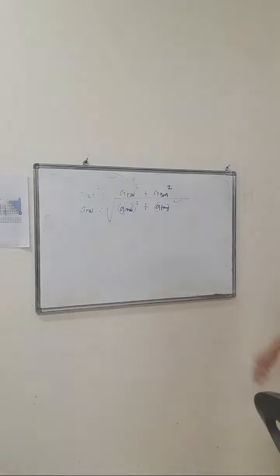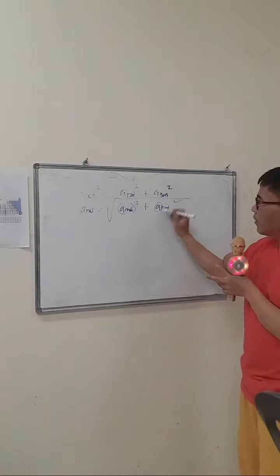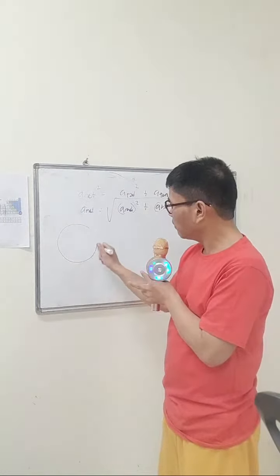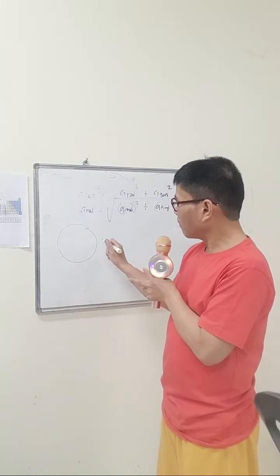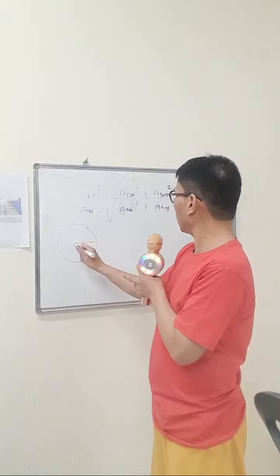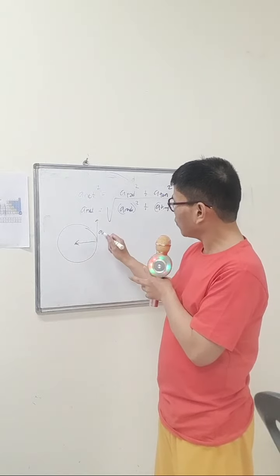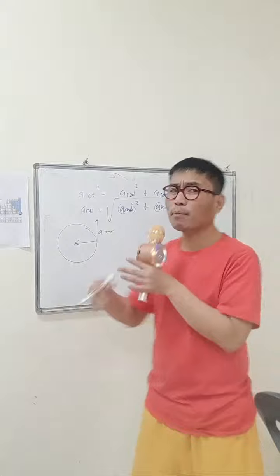Now, be careful also in analyzing this one. If your problem states a constant velocity, then your tangential acceleration will be equal to 0 directly. Because you know the circle like this, and then you have the centripetal acceleration going here. The acceleration tangential is perpendicular to the base.